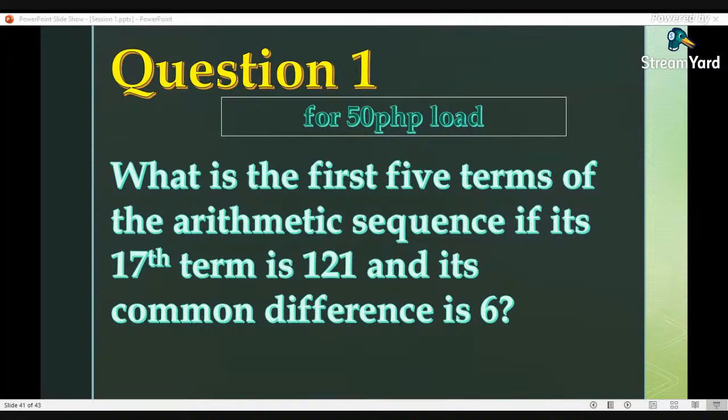What are the first 5 terms of the arithmetic sequence? Okay, a tip for the answer is that it ranges between 10 and 50.